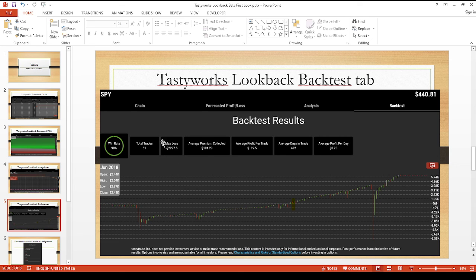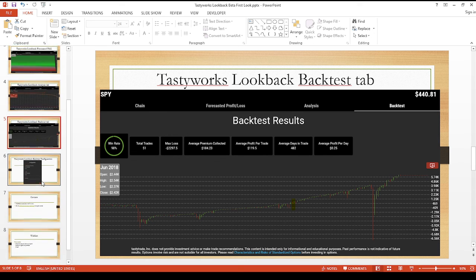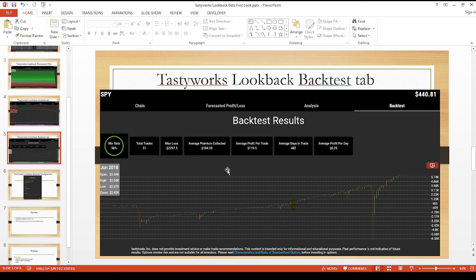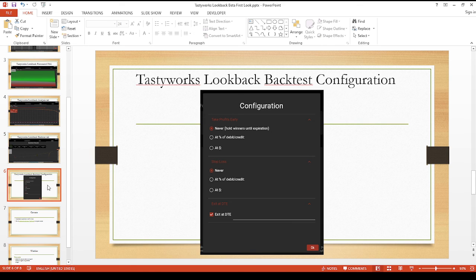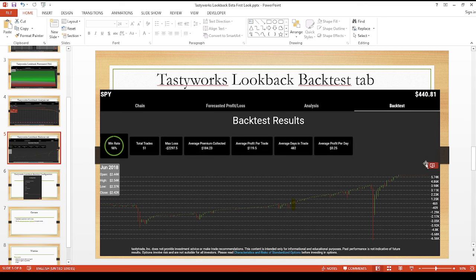Then it shows what my potential max loss was, the average premium collected, the average profit per trade, the average days in the trade, and the average profit per day. I'm hoping they'll add more metrics as they add more results or more data.